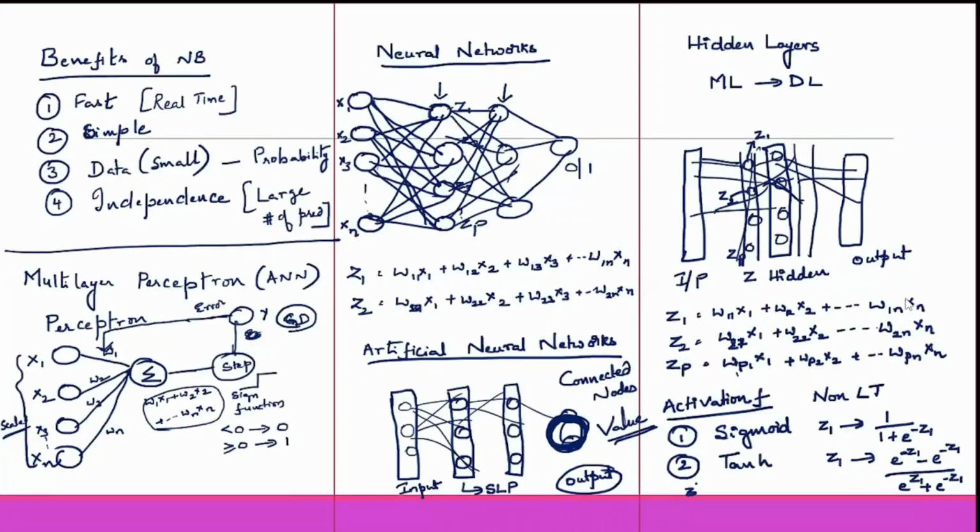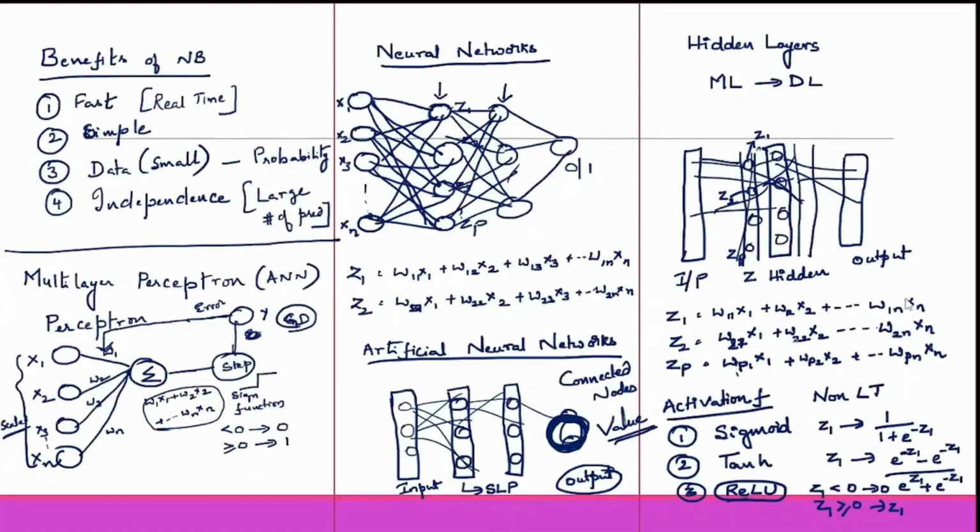Similarly, you have another transformation called rectified linear unit. If Z1 is lesser than 0, it is taken as 0. But if Z1 is greater than or equal to 0, it is taken as Z1 itself. So there are different activation functions.